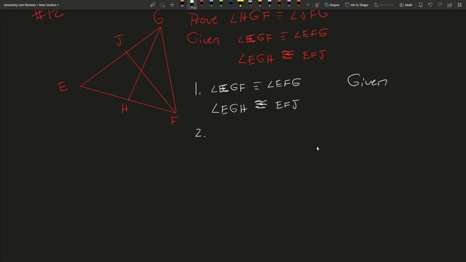All right, so EGF, this angle right here that I have labeled in white, is the sum of EGH plus HGF. And we can do this because of the angle addition postulate.